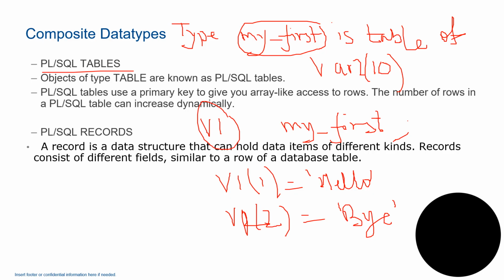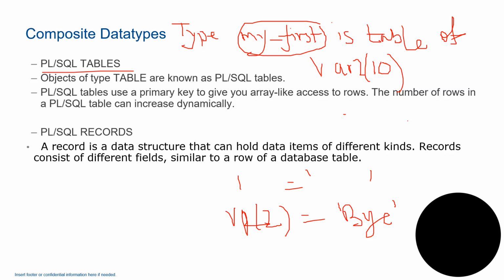PLSQL records: a record is a data structure that can hold items of different kinds. Records consist of different fields, similar to a row of a database object. So suppose we want to store values which are different. Suppose we have a type as book, and it has author, subject, similar to that.